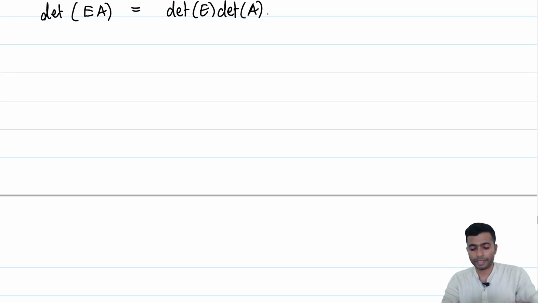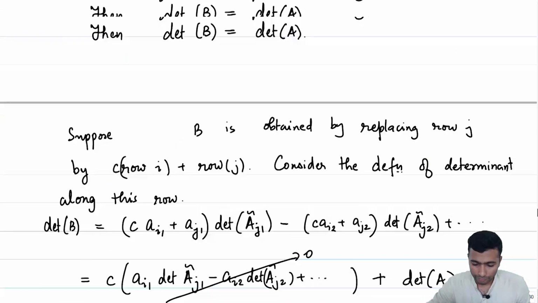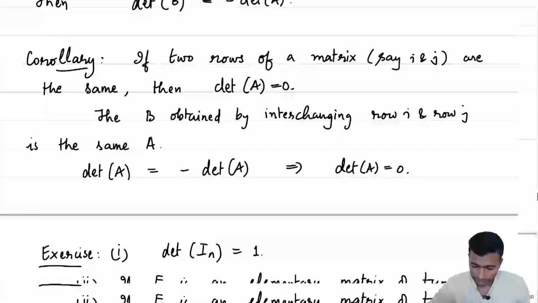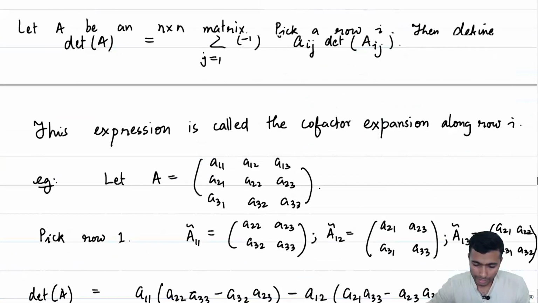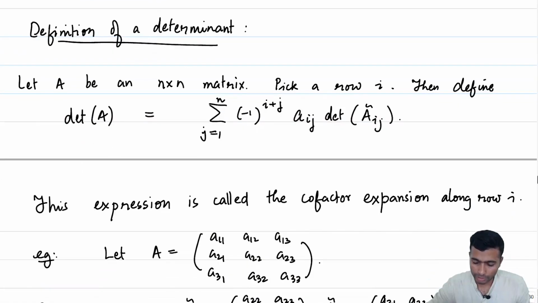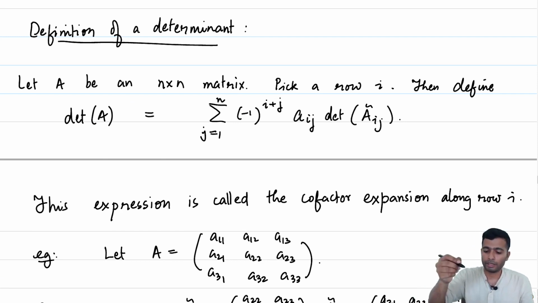So, at this point I would like to again draw your attention to the definition of the determinant that we gave. If you recall, the determinant was defined by looking at the cofactor expansion along a row. A similar definition could have been given by looking at the cofactor expansion along a column.